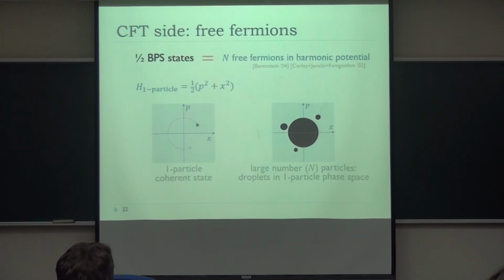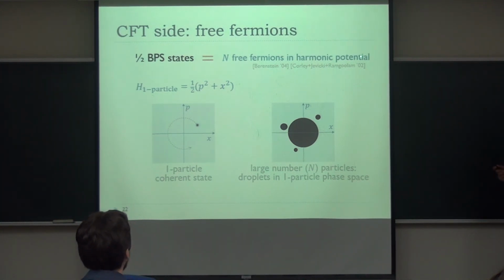Okay, so some more details. On the CFT side, you have free fermions. Half BPS states are N free fermions in the harmonic potential, and that was argued by Berenstein and Corley, Jevicki, Ramgoolam. Okay, so the one particle Hamiltonian is this, and if you have just one particle, then you're just rotating on this plane like this.